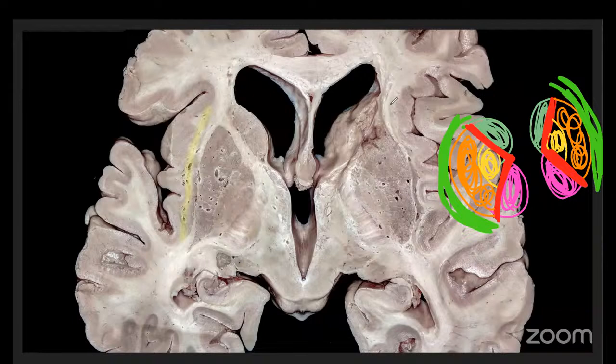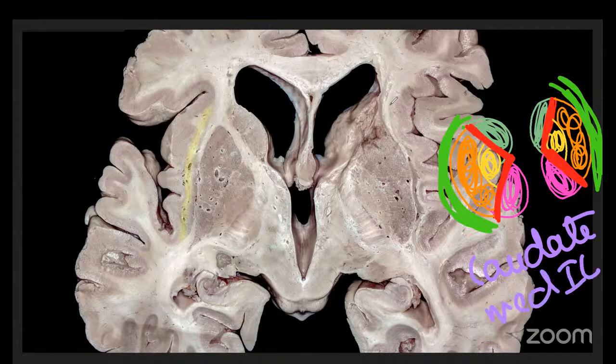Now you need to remember that once we talk about these structures, caudate is going to be medial to the internal capsule. This is caudate, and caudate is medial to internal capsule. Thalamus is also going to be medial.